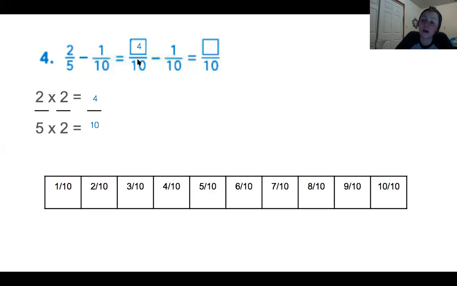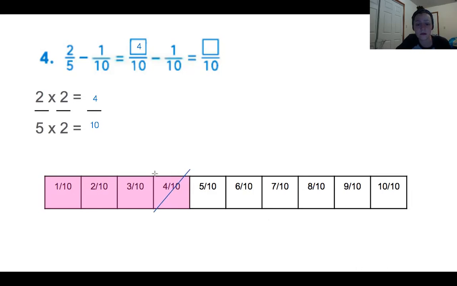I'm going to start by shading in the first number in my subtraction problem, the bigger number, which is 4/10. So I'm going to shade in 4 of these boxes, or 4/10 of this whole rectangle. Now I'm going to take away 1/10 because it says minus 1/10. To do that, I'm just going to cross it out.